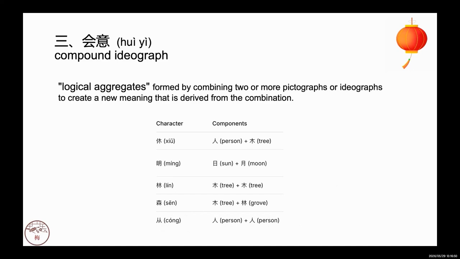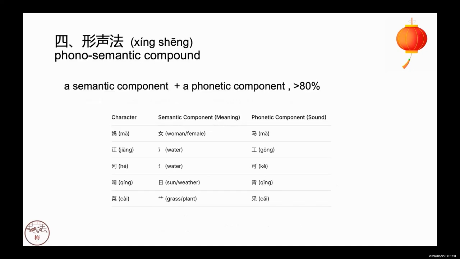So by combining 2 or more pictographs or ideographs together, you can get a new character with a derived meaning of combination. We call it logical aggregates.